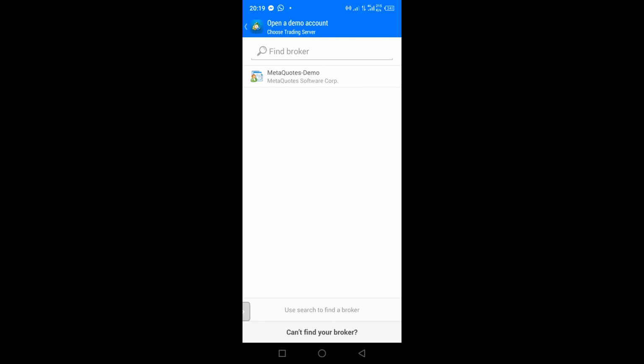It's going to ask me which broker do I want to open this demo account with, right? There are some brokers that you can open demonstration accounts straight up from the mobile MT4 without having to have an account with them. Some insist you must have an account with them or at least have a profile with them before having a demonstration account, right?